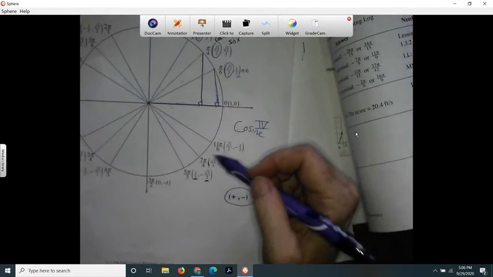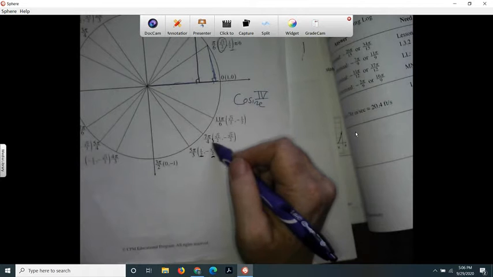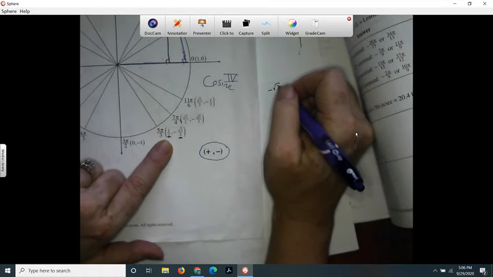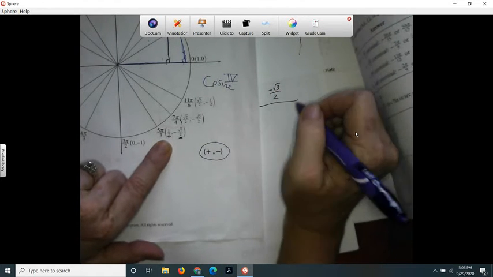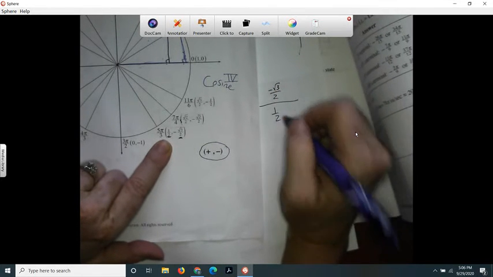Which one do they want first? They want sine. So sine was negative root 3 over 2. And then cosine, we just looked at it, it was a half. Tangent is sine over cosine. So I'm going to do some fraction math over here. I know that sine is negative root 3 over 2, and cosine is a half.